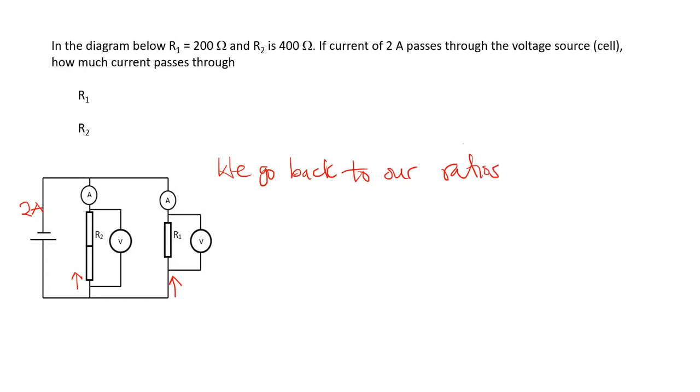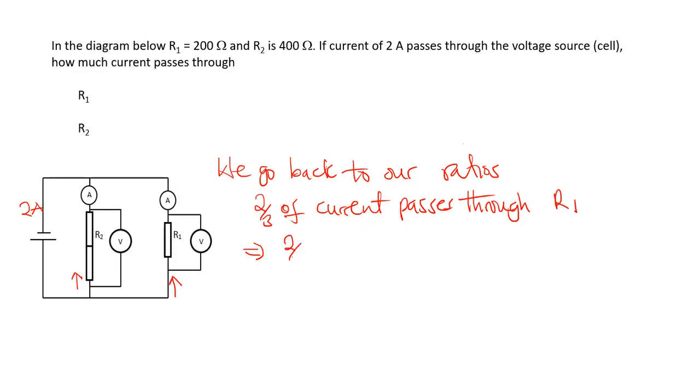So what do the ratios say? From the previous problem, we know that 2/3 of current passes through R1, which means R1 has 2/3 of the 2 amp current, which is 4/3 amp.